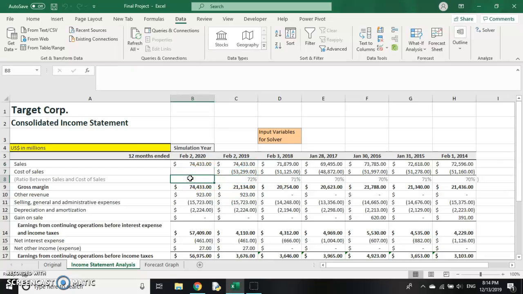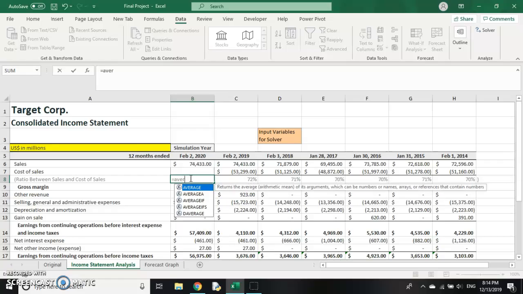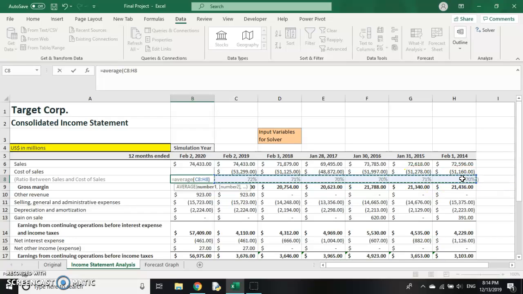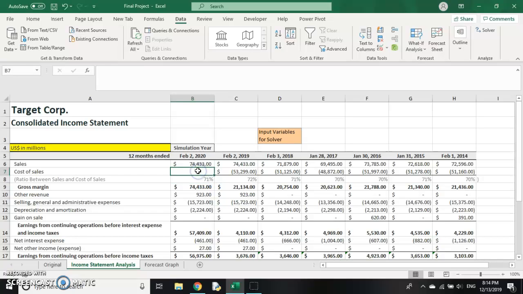So for the new ratio, I'm just going to use the average. 71% seems very logical. And then I'm going to multiply them. Since cost of sales is a negative number, I'm going to multiply by -1.